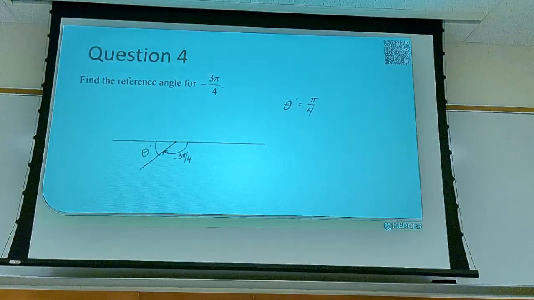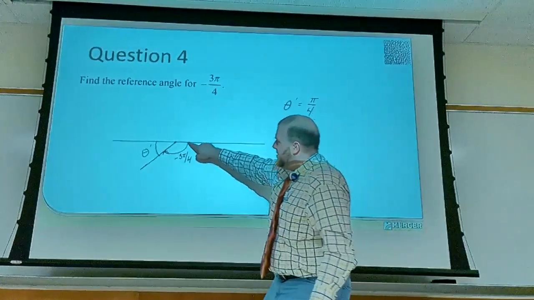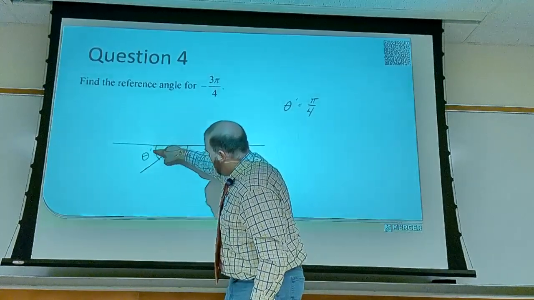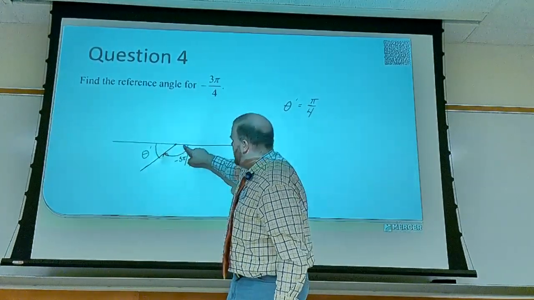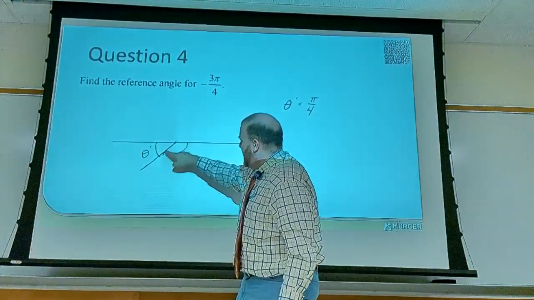The way to do it algebraically? Yeah, let's go with that. You first try to find its coterminal angle. So instead of measuring it this way, you want to measure it this way. What is that coterminal angle?